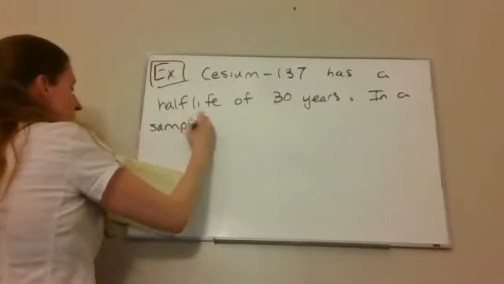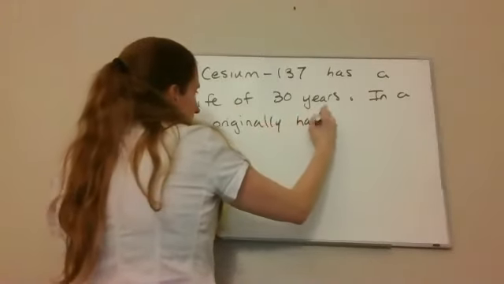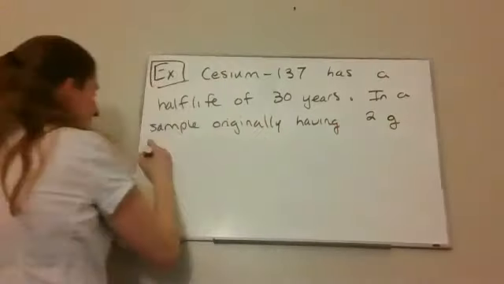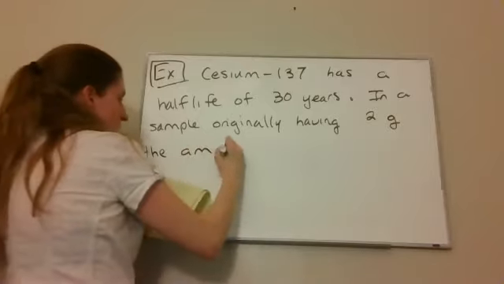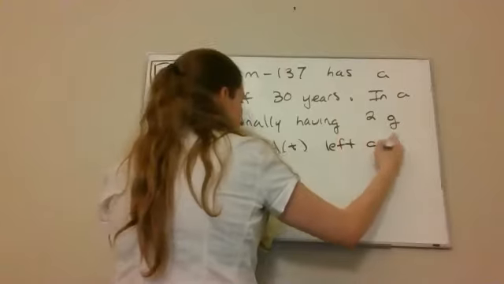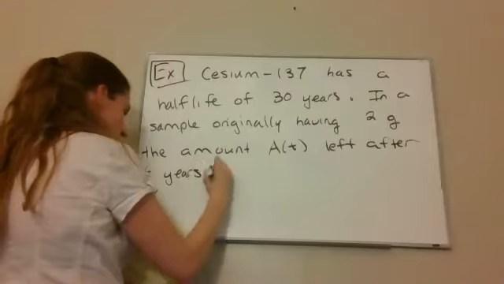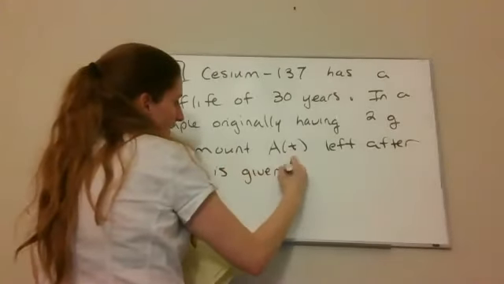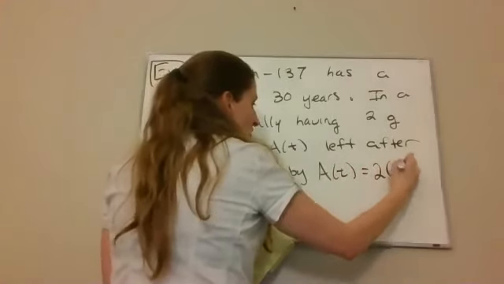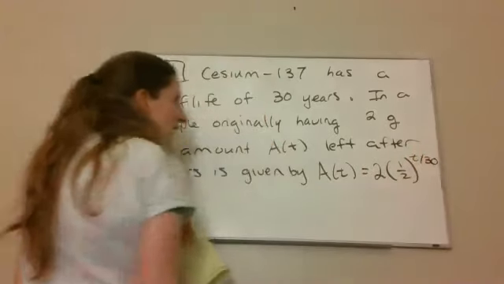In a sample originally having 2 grams, the amount A of t left after t years is given by the formula A of t equals 2 times 1/2 to the t over 30 power.